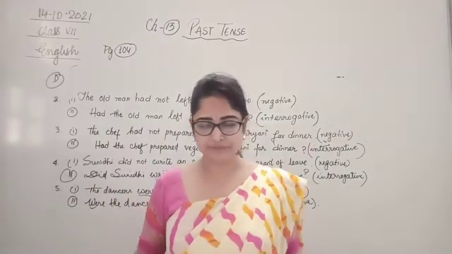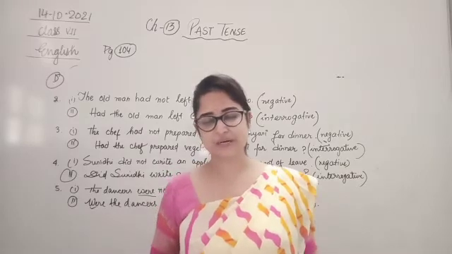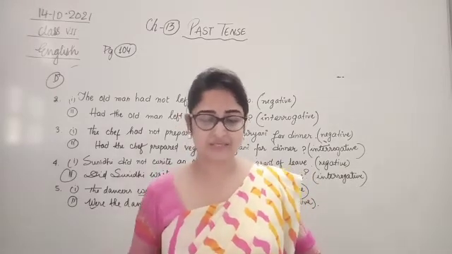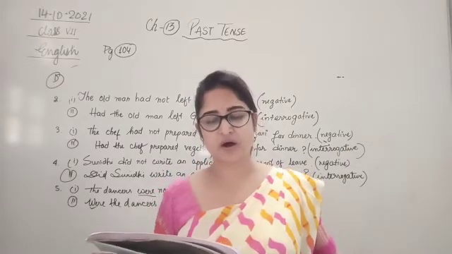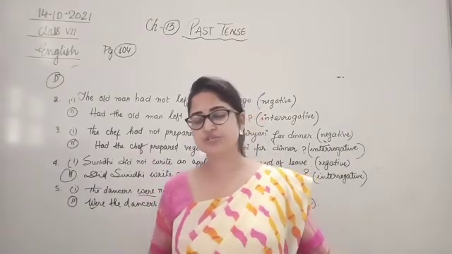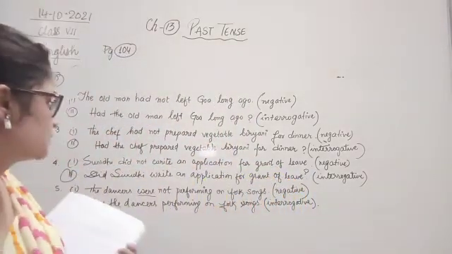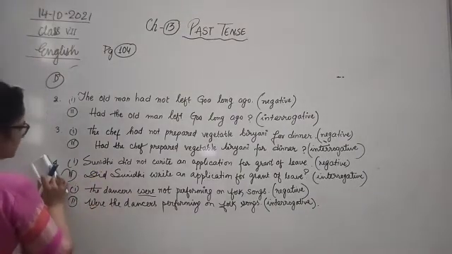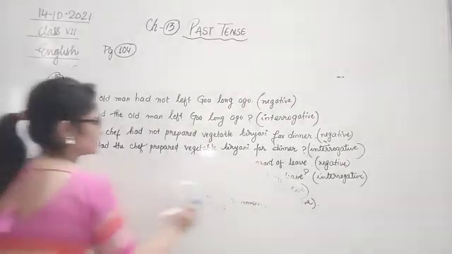Now, in this one, we have this exercise E. Fill in the blanks with simple past tense or the present perfect tense forms of verbs given in brackets. Now, she worked with Mr. Sharma earlier also. So, she had worked. That means she is also working right now. So, it's having its impact in the present.